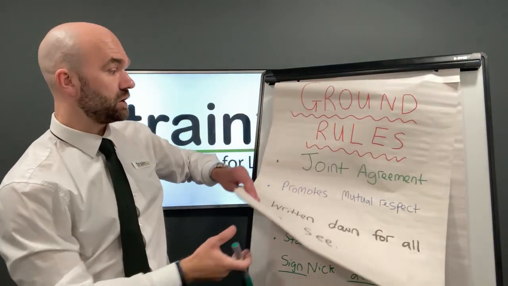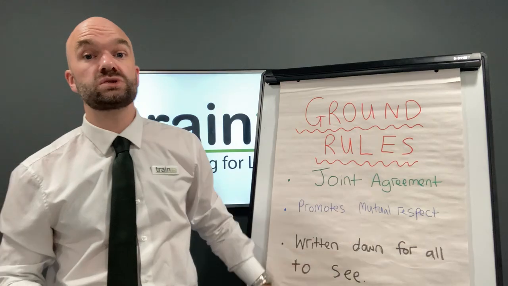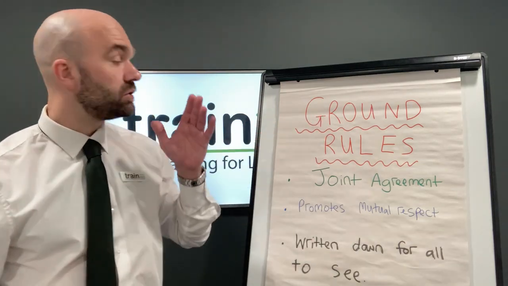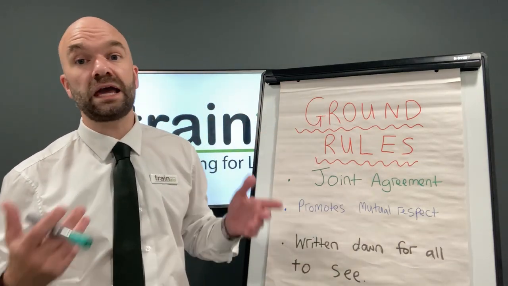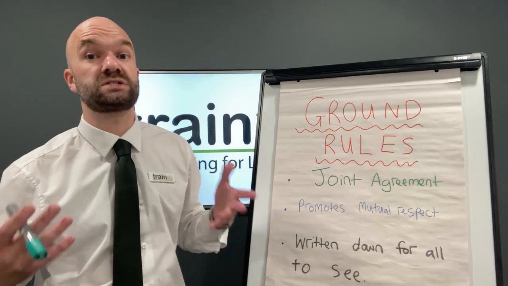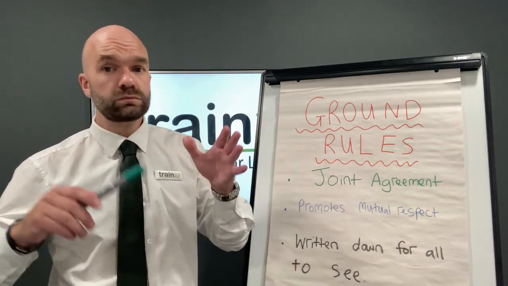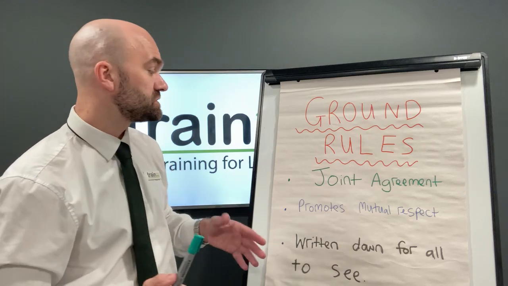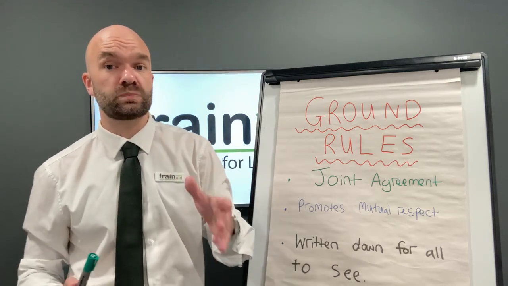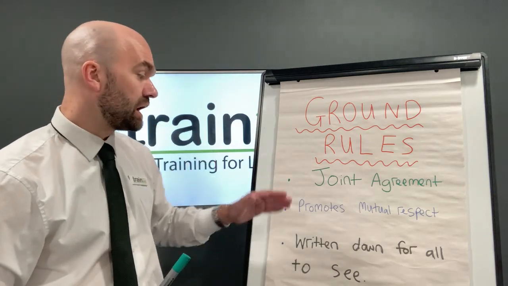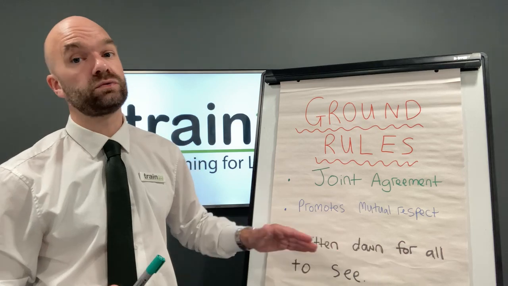So just to reiterate, just to recap then, ground rules are imperative for obviously behaviour management and creating that positive teaching atmosphere. It's a joint agreement with you and your learners, and it promotes that mutual respect and trust for each other, and make sure these are written down for all to see.